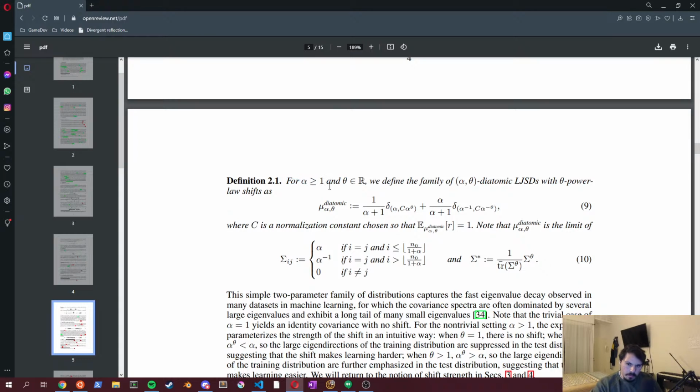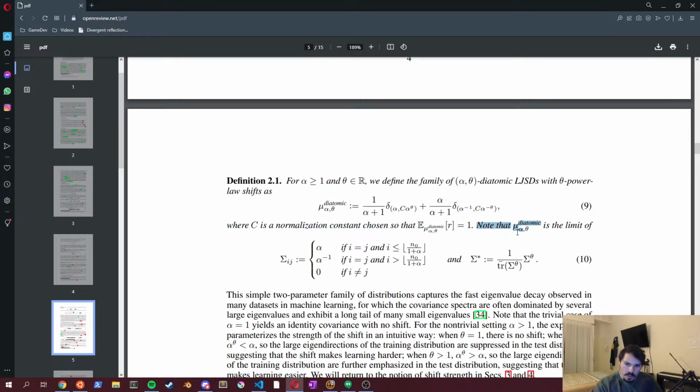For alpha greater than 1 and theta a real number, we define the family of alpha, theta diatomic LJSDs with theta power law shift as mu diatomic, 1 over 1 plus alpha times a delta function at alpha and c alpha to the theta, plus alpha over alpha plus 1 times a delta at alpha inverse and c alpha to the minus theta, where c is a normalization constant chosen such that the expectation value of this thing with respect to r is 1.